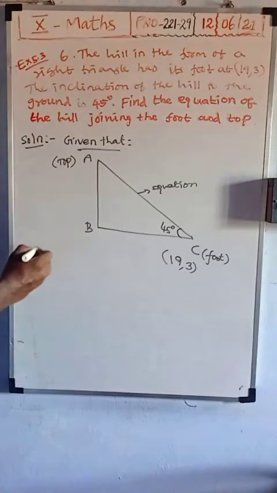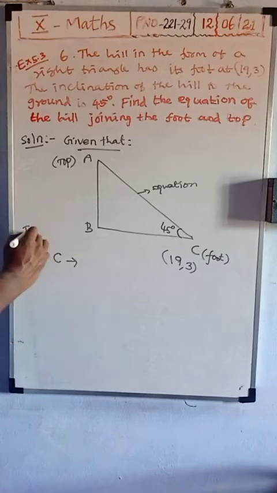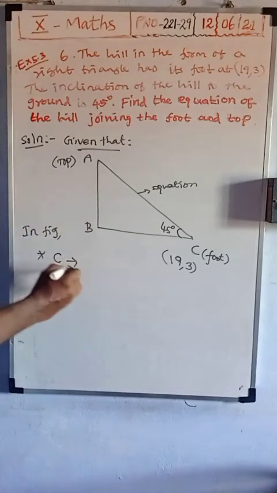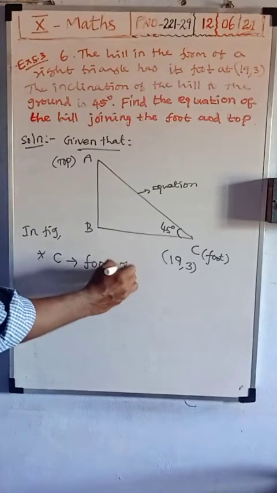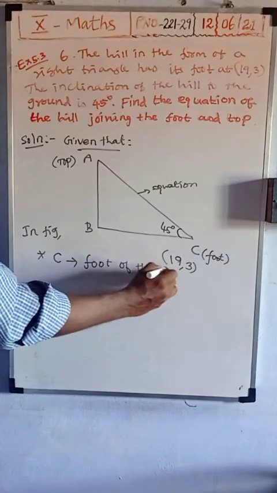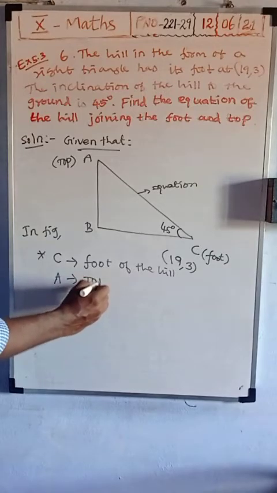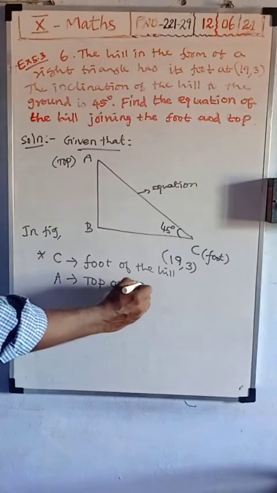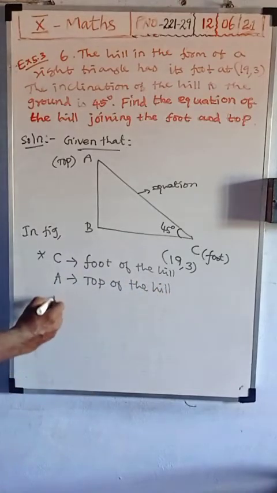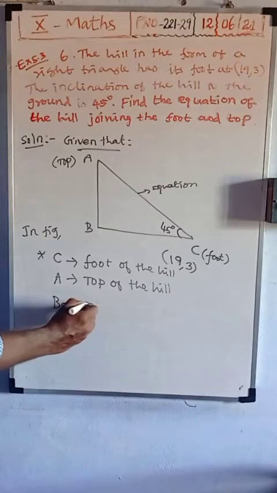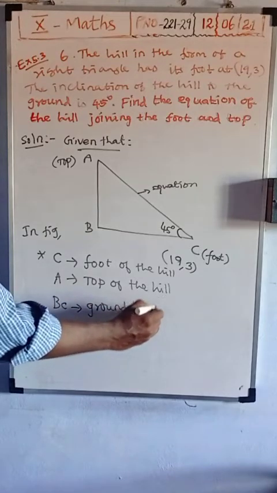Now here you write, see from the figure. In the figure, C is the foot of the hill. Then A is called the top of the hill. BC is mentioned as the ground, the ground level.